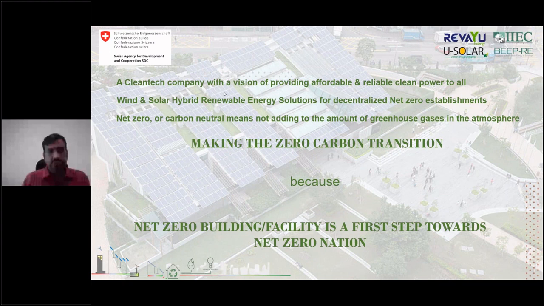And also at places we are able to completely remove DG operations. So whomsoever is willing and committed to net zero facilities, we are also committed to partnering with them to achieve their goals.